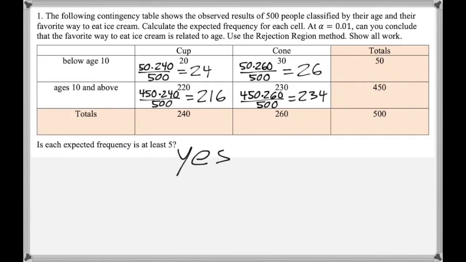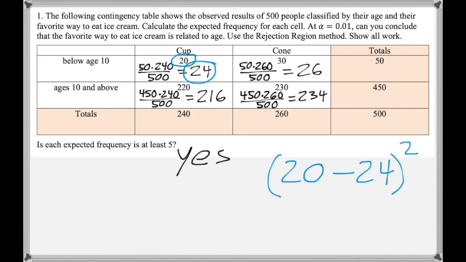Now, to find chi-squared, on each of these cells, we must take the observed minus the expected, squared, and then divide it by the expected. So this can be a large calculation.